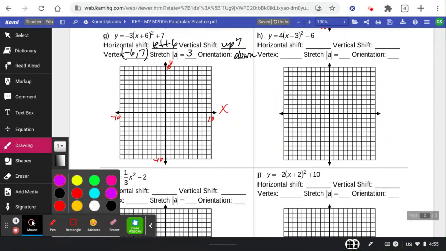-6, 7 is my first dot. From there, I'm going down 3 times as fast. So out 1, down 3. Out 2 is normally down 4. 4 again, 4 again, that's going to be 12. 4 times 3 is down 12.